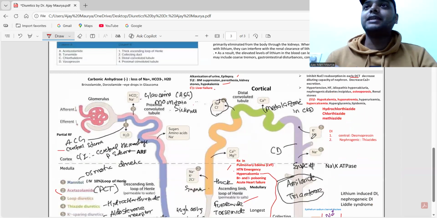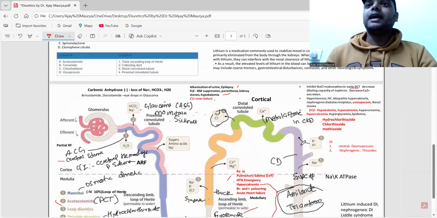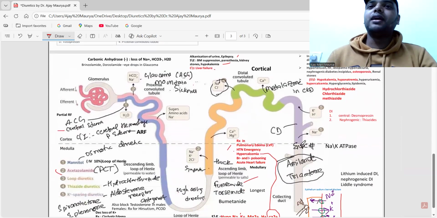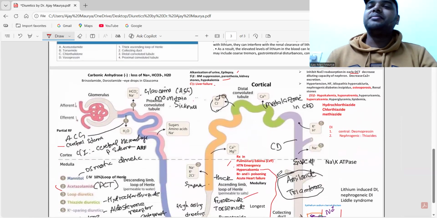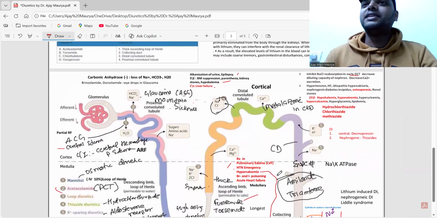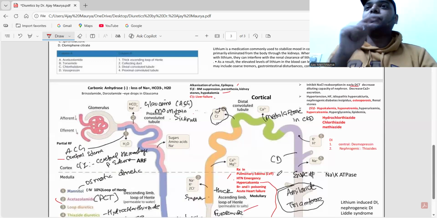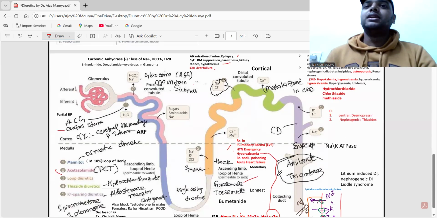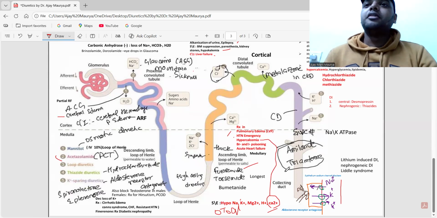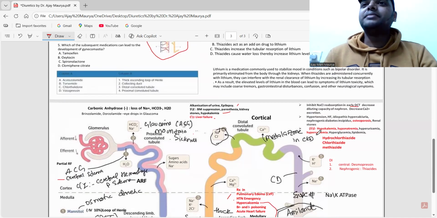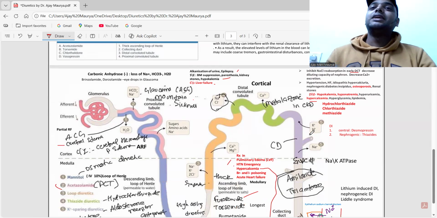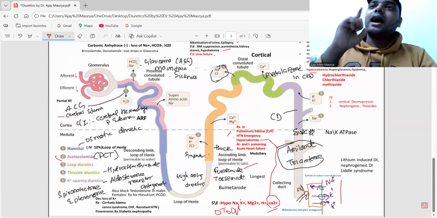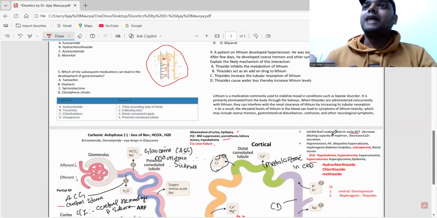Here, both the loop diuretics and the thiazides cause hyponatremia, hypokalemia, everything is the same. But one difference is that loop diuretics cause hypocalcemia, but thiazides cause hypercalcemia.